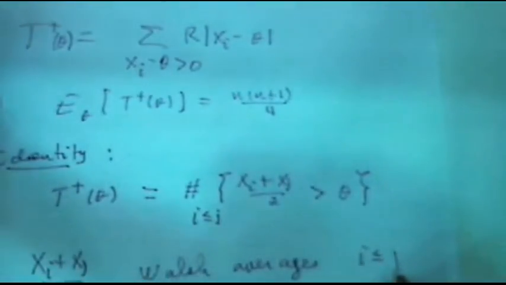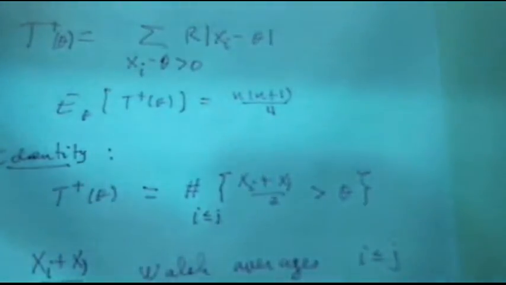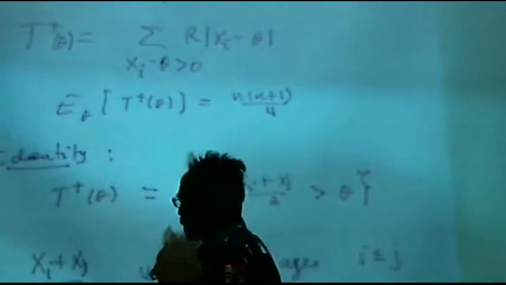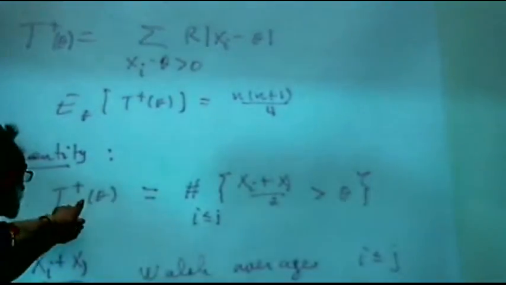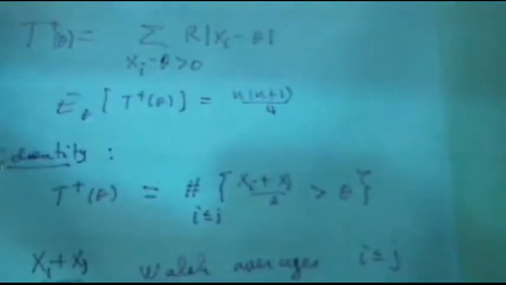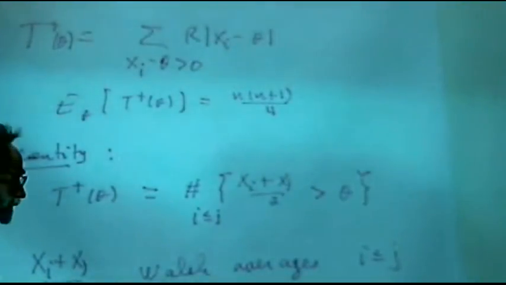And you only get a half of it. Okay, but if you do, then you can calculate this signed rank Wilcoxon that way.